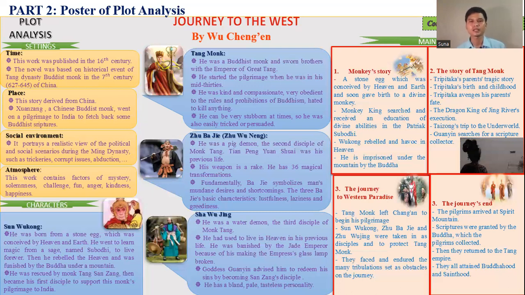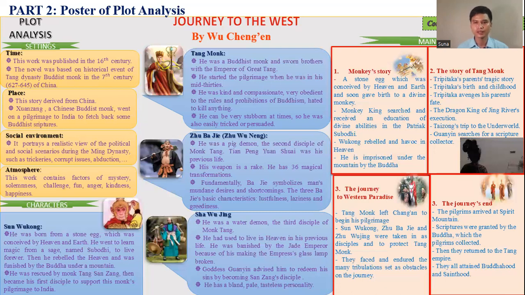Let's talk about the second period. That is the story of Tang monk. Tang monk, or we can call him by the other name, Tripitaka. In the second period of this work, we talk about Tang monk's parents' tragic story, and also Tripitaka's birth and childhood.